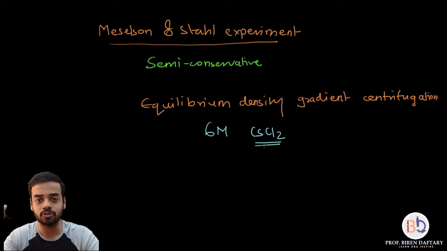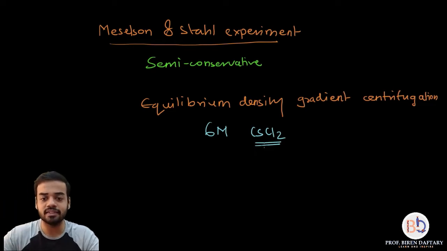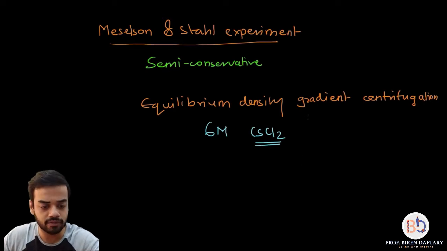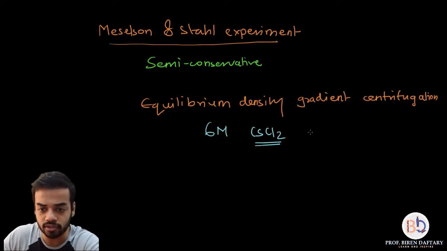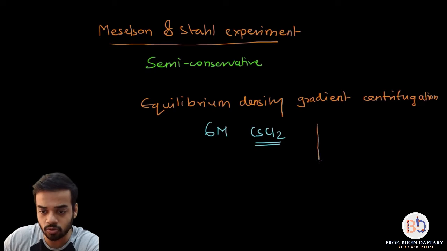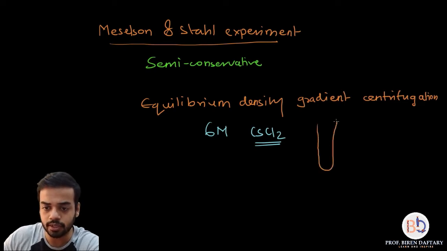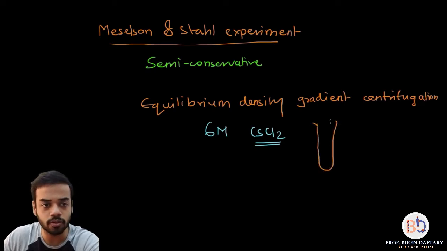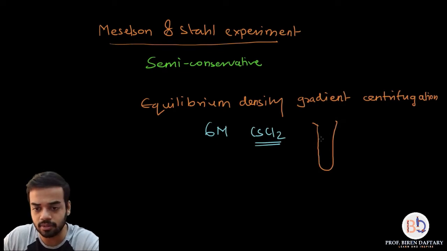Now what happens to the cesium chloride is, when you put it in a centrifuge tube and allow that mixture to get centrifuged, this cesium chloride forms gradients. I'll just draw a tube over here. This is your original centrifuge tube, correct? And in that tube, imagine this is your cesium chloride.